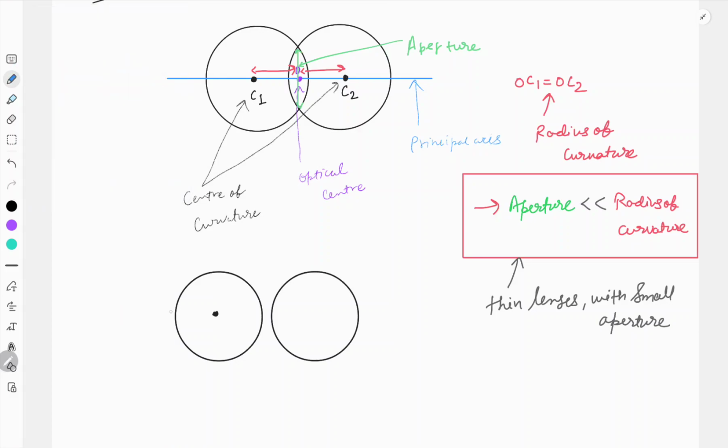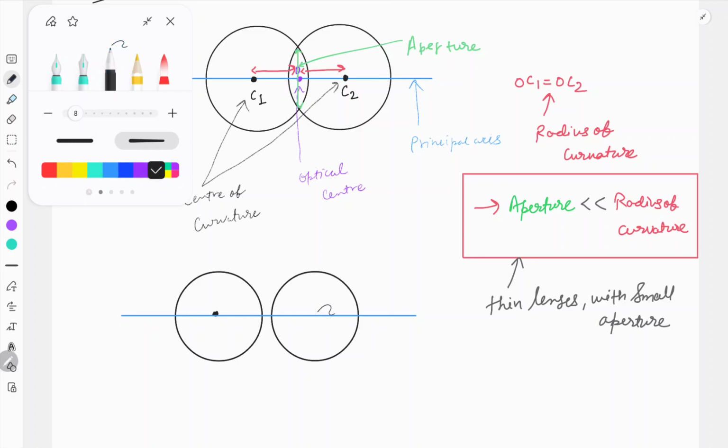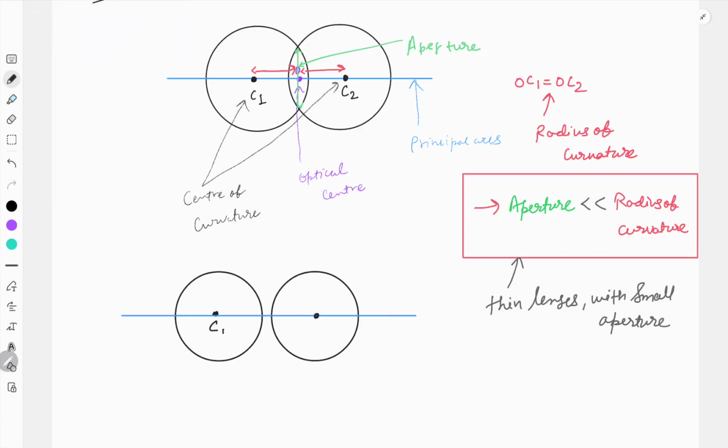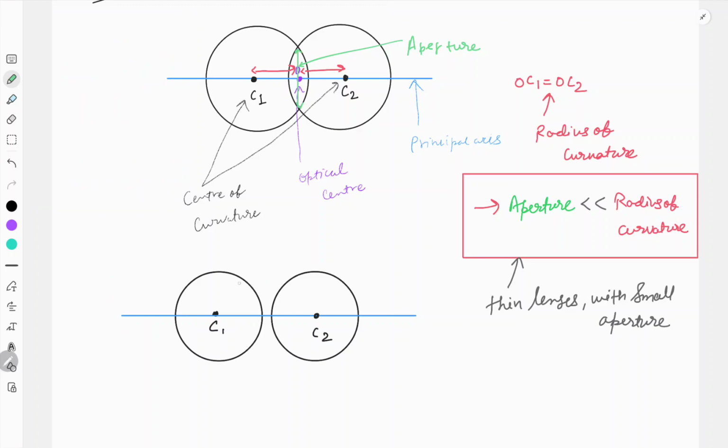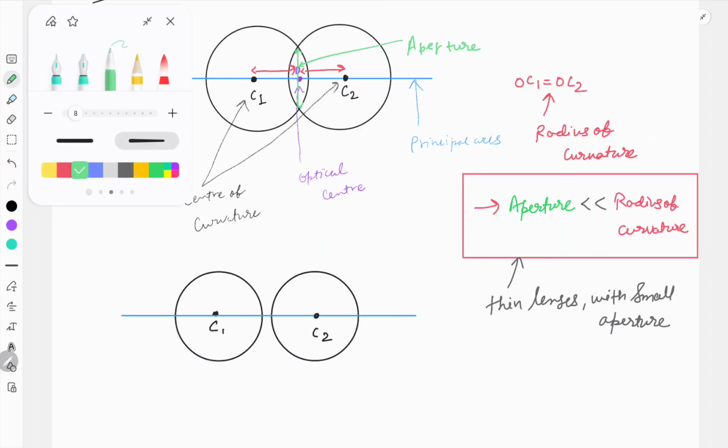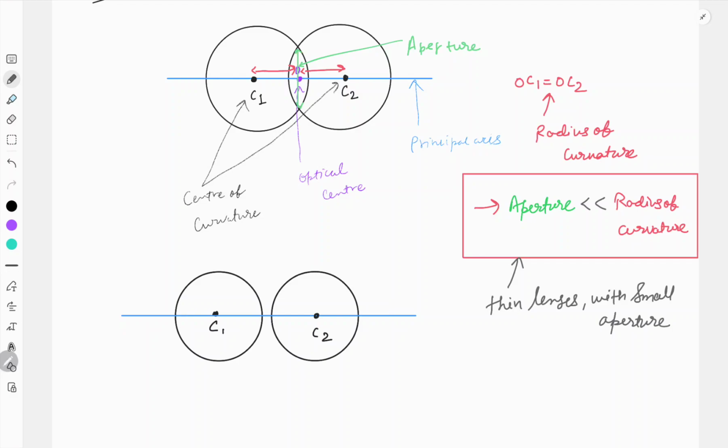We can make a principal axis, and make another center which will be C2. So this is C1, this is C2, this blue line is the principal axis, right? And if I take the same colors here, then let's see how our concave lens will look. It will look something like this, right?